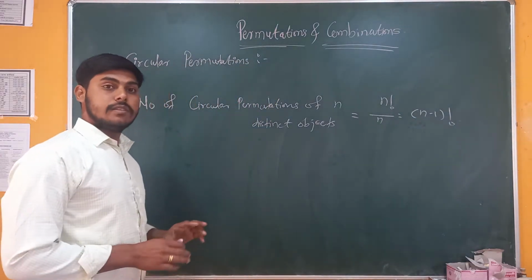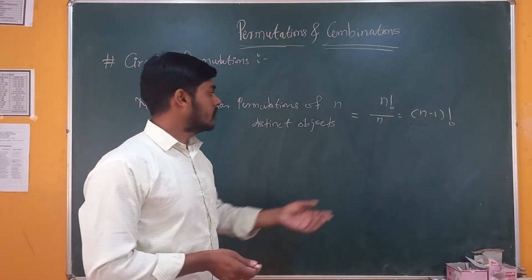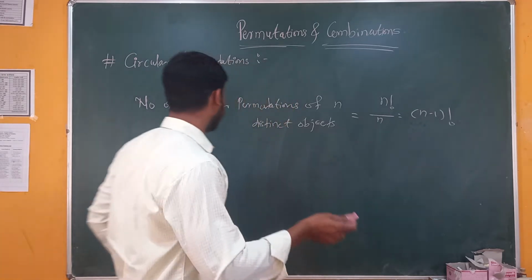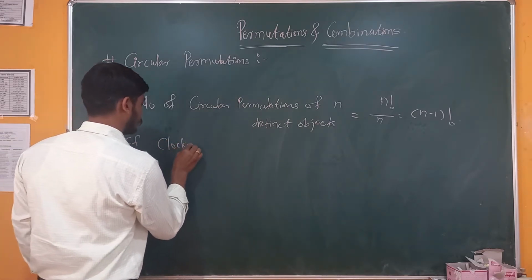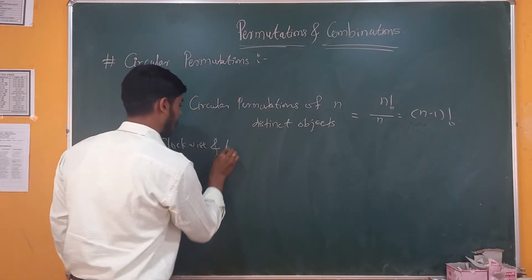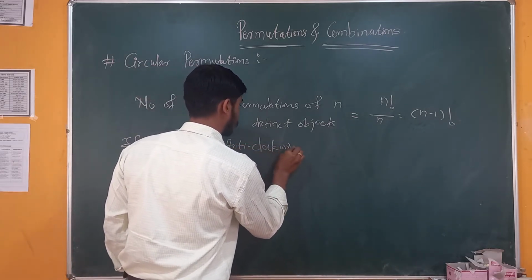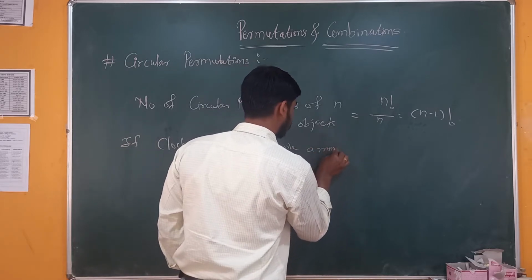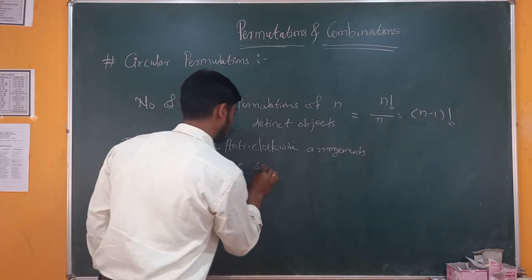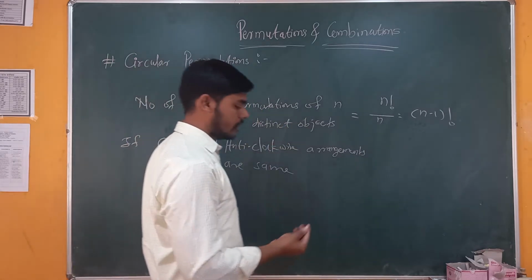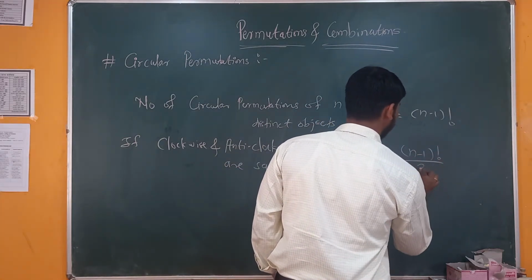But if clockwise and anti-clockwise arrangements are the same, then the formula is reduced, and the number of circular permutations of n distinct objects is equal to (n minus 1) factorial divided by 2.